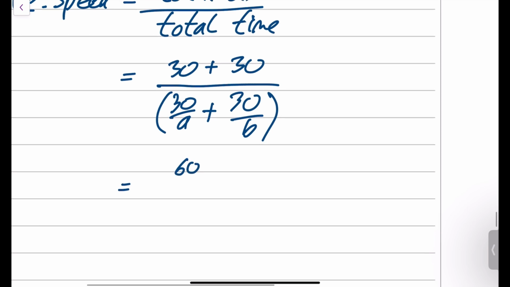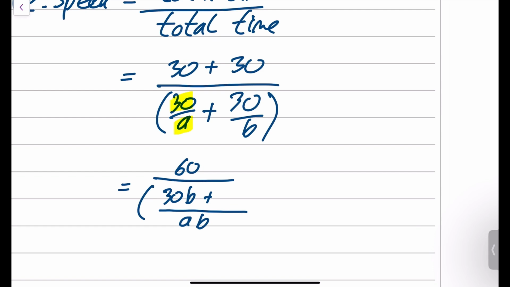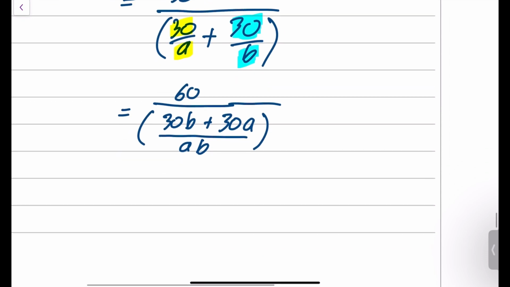Okay, top line simplifies to be 60. Bottom line simplifies, we're going to take a common denominator of ab. So this got multiplied by b, so this also gets multiplied by b, so you're going to have 30b. This one over here gets multiplied by a, so the top line gets multiplied by a, so it's now going to be 30a, and that's what you've got.